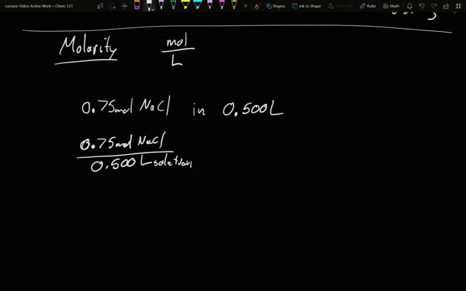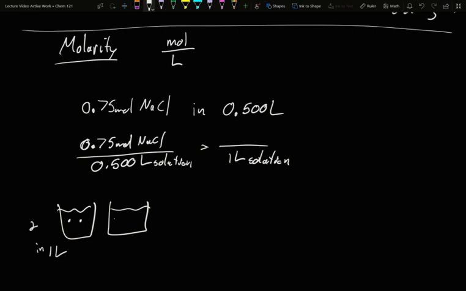Now, generally, we don't like to do it over a half. We tend to standardize these for 1 liter. Well, if you have one container and it has two things in it, so you had 2 dots in 1 liter, and then you had a second container and it also has 2 dots, so it's 2 dots in 1 liter.